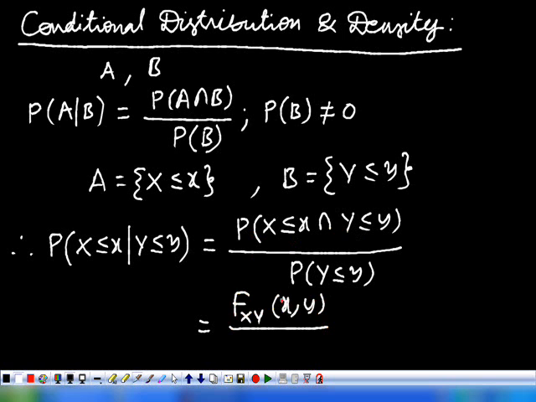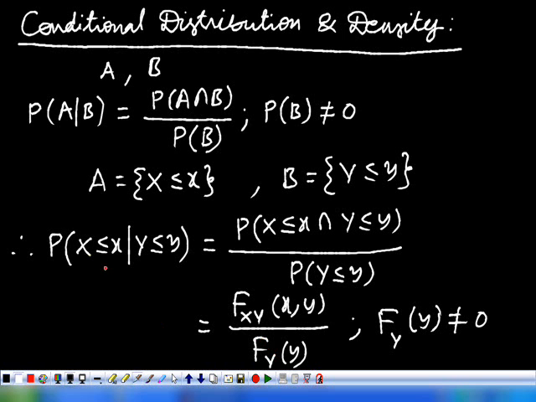And the denominator is the marginal distribution of the random variable Y, so it can be written as F_Y(y), provided that F_Y(y) is not equal to 0. Here the ratio F_XY(x, y) divided by F_Y(y) is called the conditional distribution function.